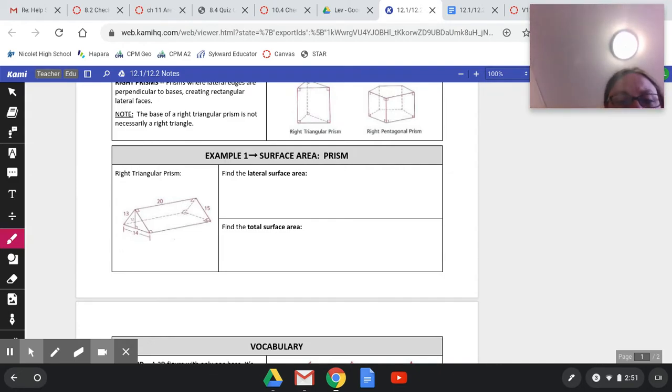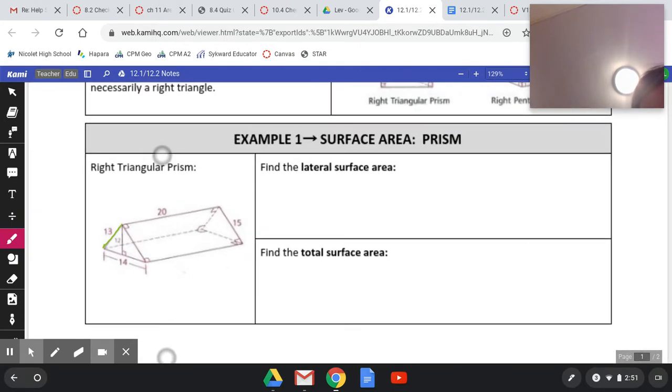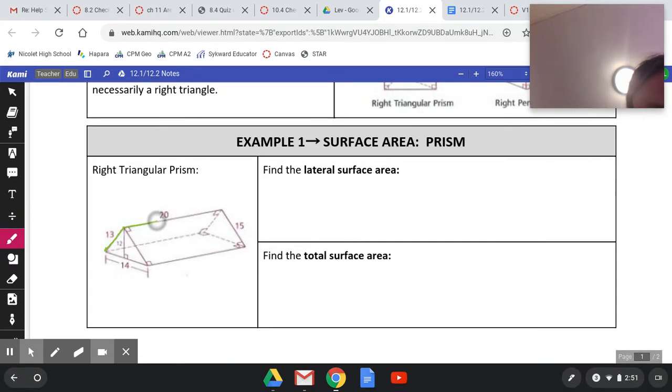I'm going to fold this down. Looking here, we have these three different rectangles. I have a rectangle that I'm outlining in green right now, on the side. That's one of my rectangles. When I highlight it in the diagram, it kind of looks like a parallelogram, but it is not.